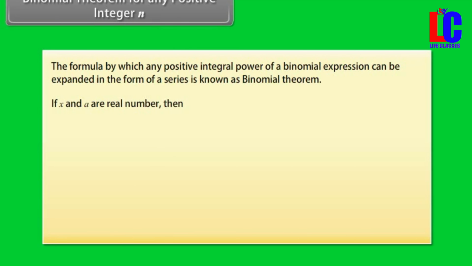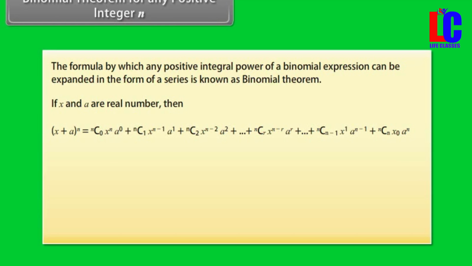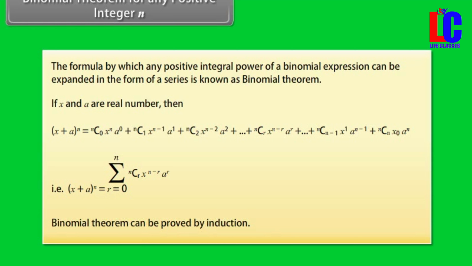If x and a are real numbers, then (x + a)ⁿ is equal to the summation from r = 0 to n of nCr times x^(n−r) times a^r. The binomial theorem can be proved by induction.